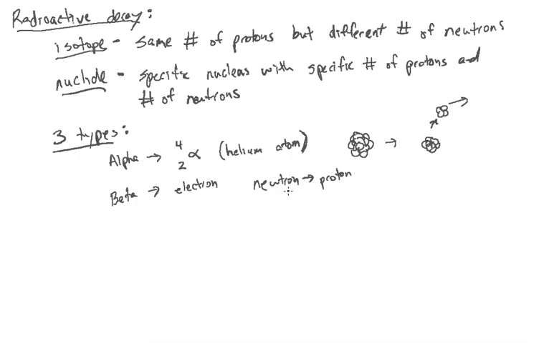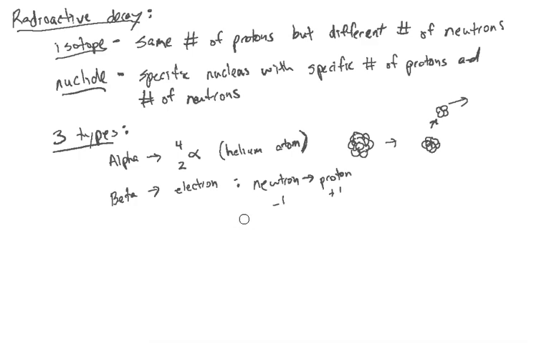Just like alpha decay, this also changes what element you had, because now you have one more proton than you had before. So you went -1 in neutrons and +1 in protons, which changes your element and makes you some sort of new isotope of whatever element you changed into that has one more proton than what was there before.